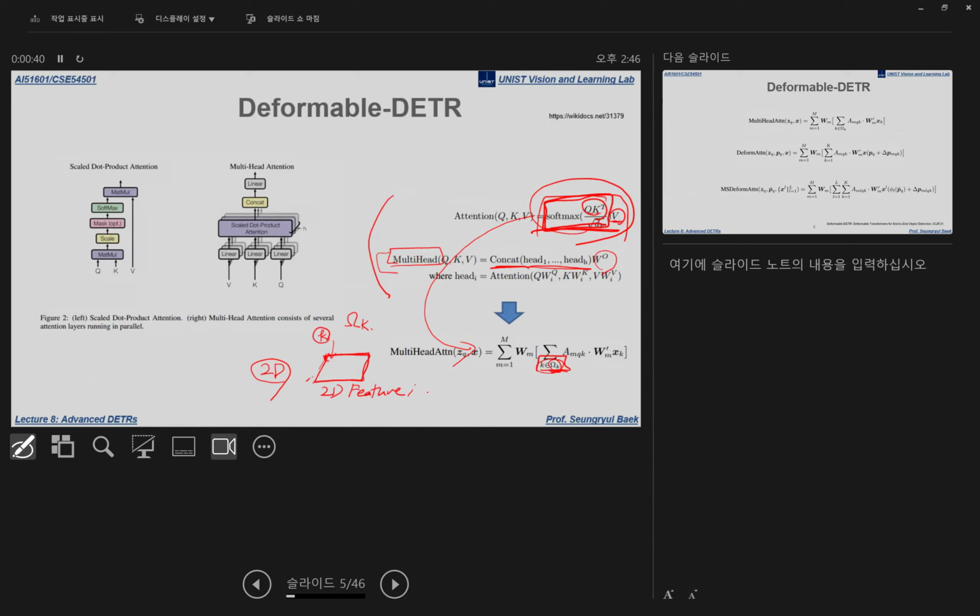Okay. So actually, we are considering all of the 2D feature map, their pixels, and calculating the similarity between that pixel and all other dense relationship with the other pixels. We are calculating the new features. That's the original attention mechanism.